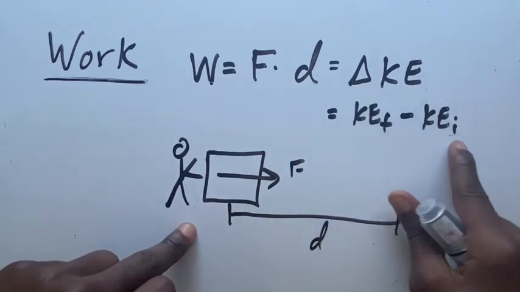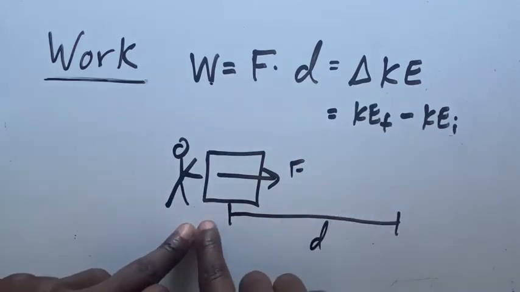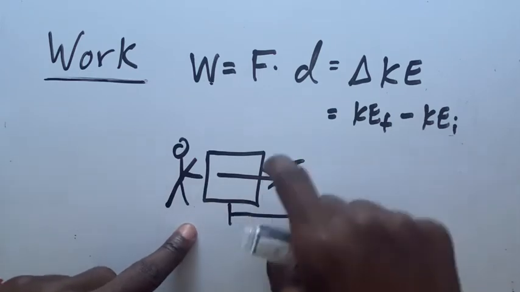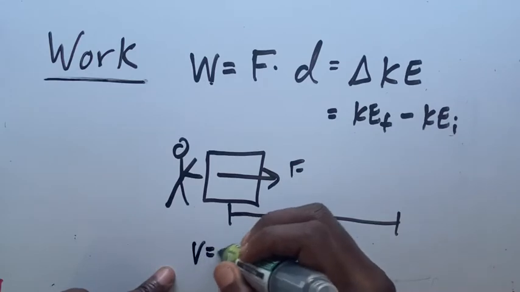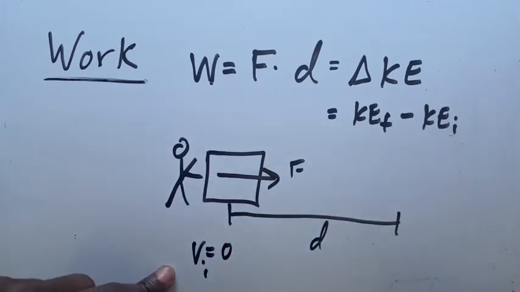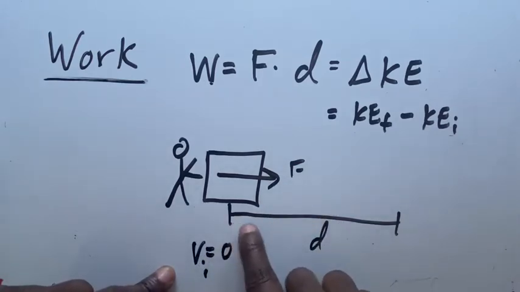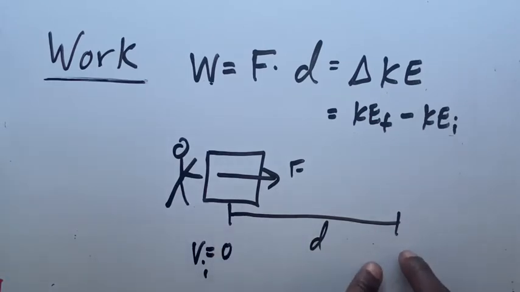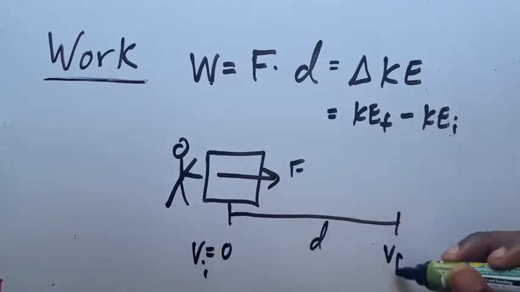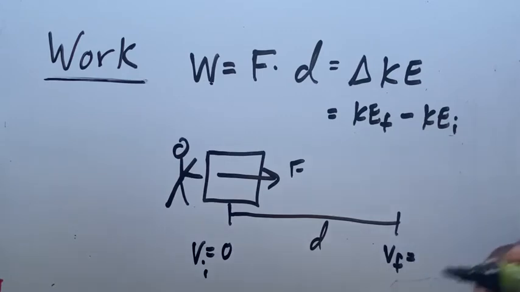The initial kinetic energy here was basically 0 because the box is not moving yet, so the velocity is 0 initially. But once you move it this distance d, it now has some final velocity. Let's say the final velocity is 8 meters per second.